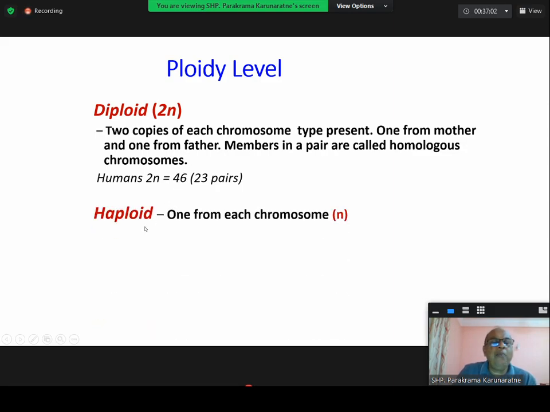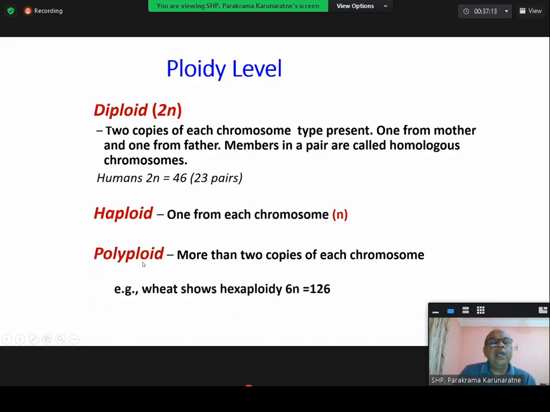And you can get haploid. Haploid means one member from each chromosome type. Since it is one, we call it N. And polyploid, where you can get more than two from one type. For example, the plant wheat shows hexaploidy: six chromosomes for each type, so you call it 6N.